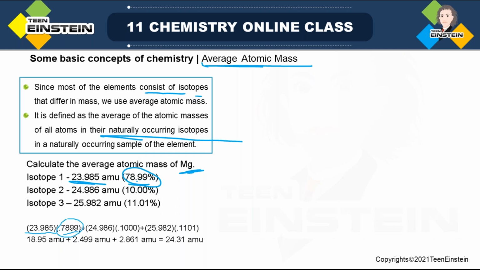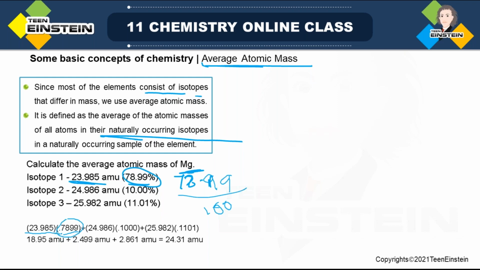If you are not dividing 78.99 by 100, then you directly take 78.99, and also for the other 2 isotopes, and then together you divide by 100. Directly you can multiply 23.985 with 78.99; if you divide it by 100, it will be 0.7899.